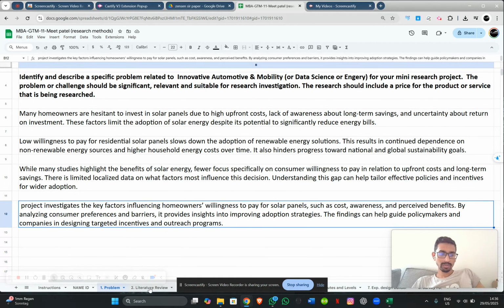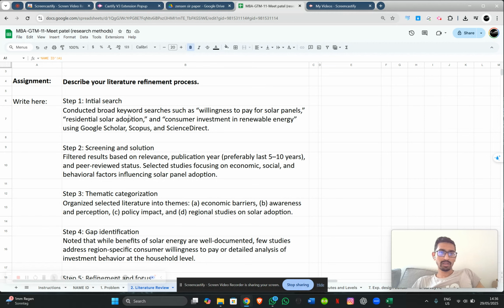The second Excel sheet is about the literature review, where I define some steps. The first step is the initial search. I will start keyword searches such as willingness to pay for solar panels and residential solar adoption, in Google Scholar, Scopus, and ScienceDirect.